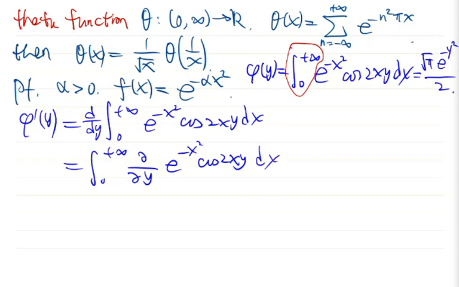And this is equal to minus the integral from 0 to positive infinity of exponential minus x squared, then 2x sine xy dx.